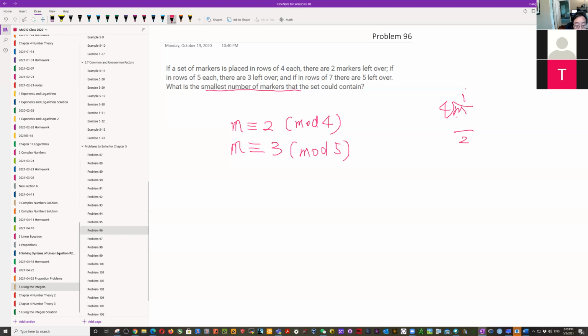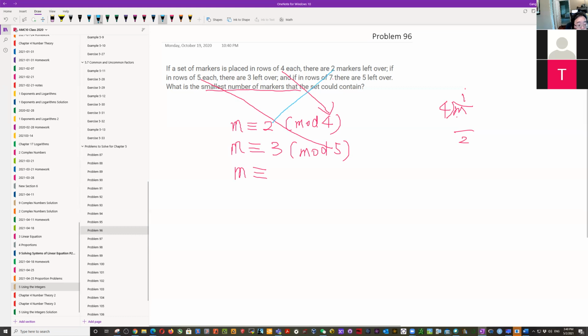And rows of 7, so it's going to be rows of 7. Pay attention: rows of 4, so 4 is the divisor. Rows of 5, 5 is the divisor. Rows of 7, 7 is the divisor. So there's a divisor and a remainder. The divisor goes here, the remainder goes here, and I'm going to use a different color for the remainder.